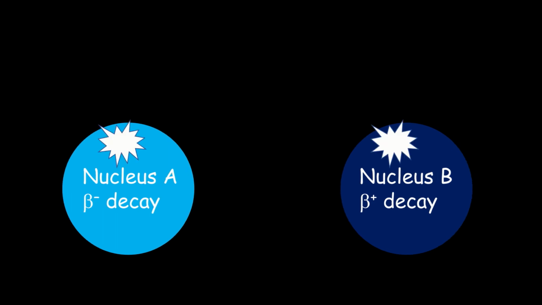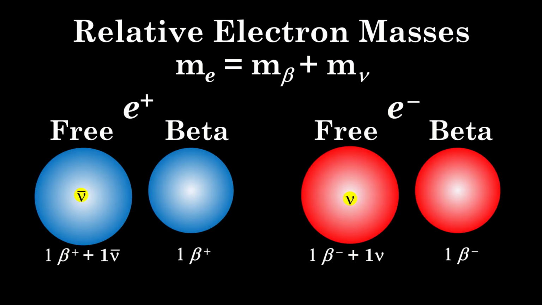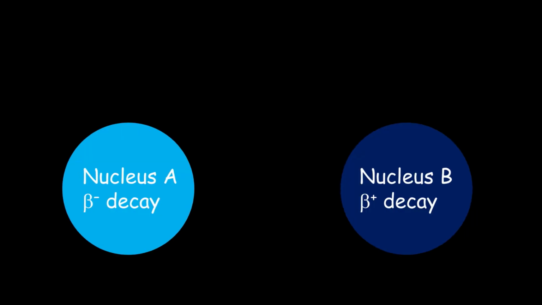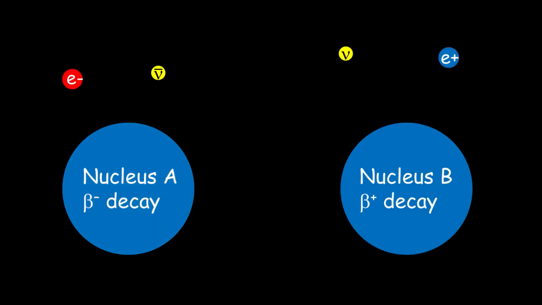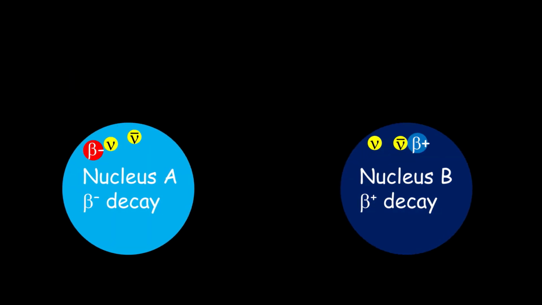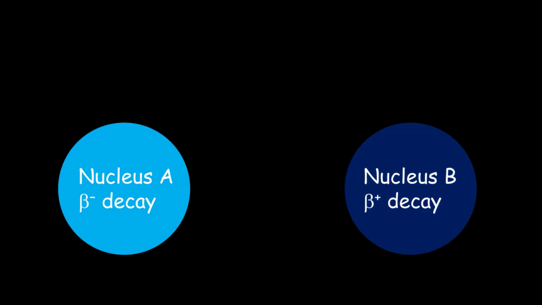The captured neutrino and the free electron and antineutrino and the free positron make the free particles slightly more massive than the beta particles in the proton. The neutrino or antineutrino not captured during the decay accompanies the free positron or free electron respectively out of the nucleus. The pair production of the neutrinos during the decay preserves the matter-antimatter balance in the universe.